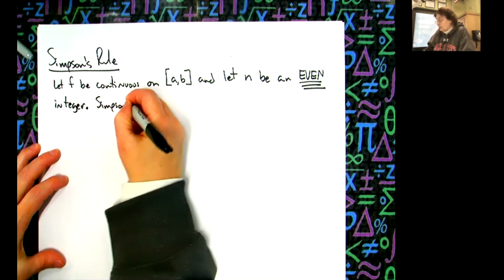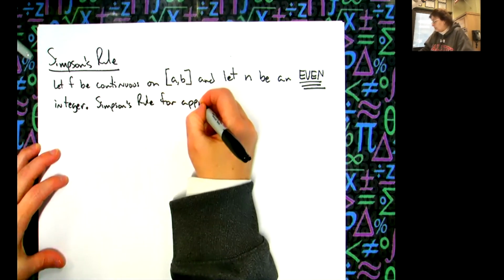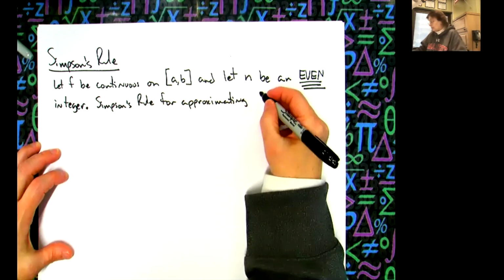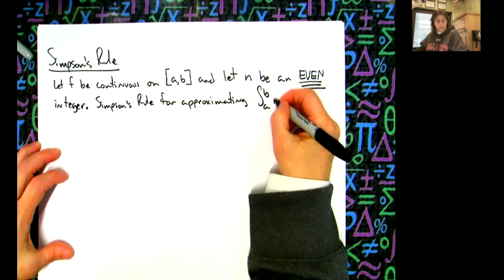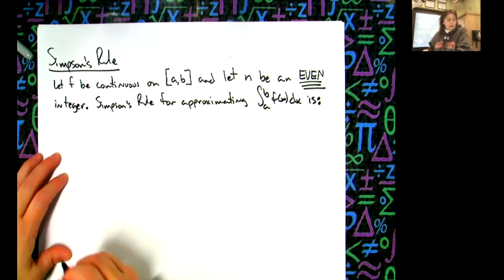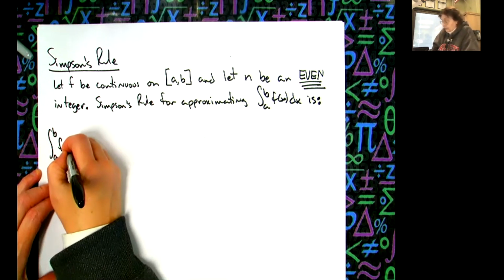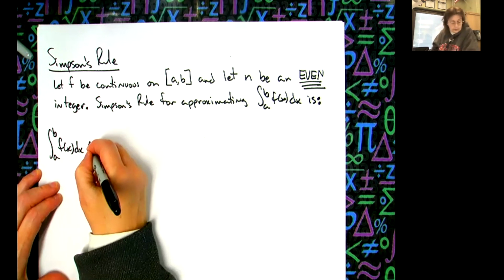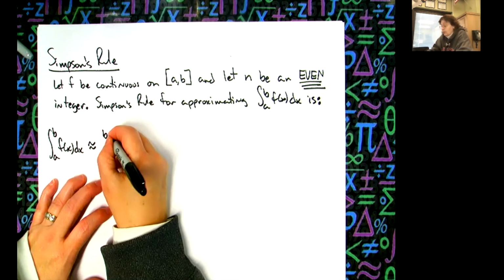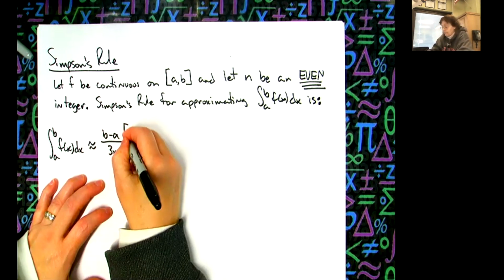Simpson's rule for approximating the integral from a to b of f of x dx is: the integral from a to b of f of x dx is approximately equal to, out in front, b minus a over 3n.